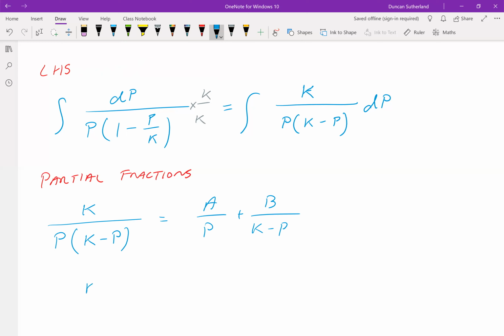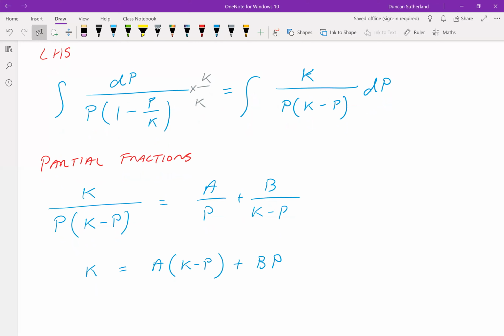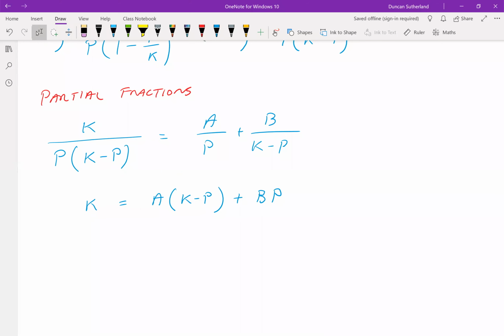K equals A times (K minus p) plus B times p. That's what happens when you multiply through by the denominator. And this expression must hold for any value of p.